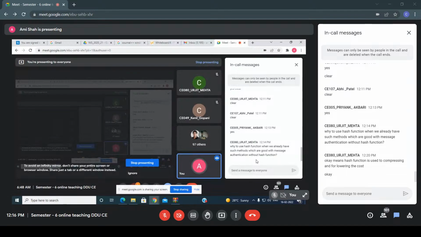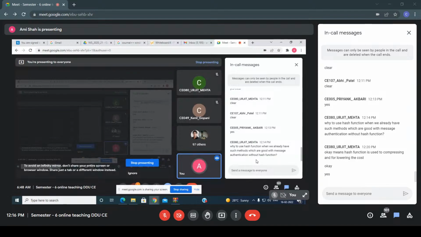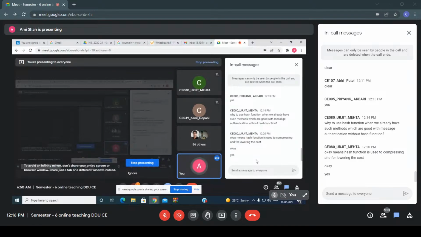Now it is clear, Urjit, right? The other technique I explained, where we take some of the bits, exists too, but normally hashing is used. These are the different ways I am explaining. In the very first figure, I assumed that my message is not long, so directly my purpose is message authentication.